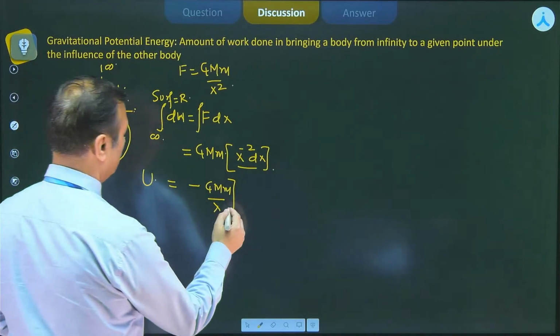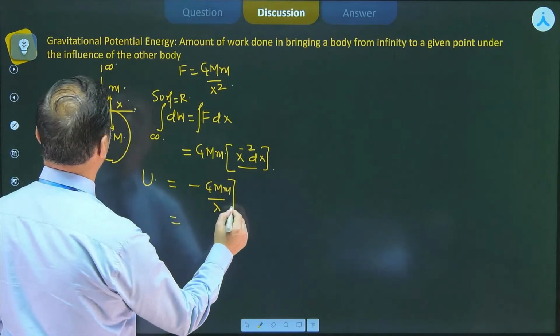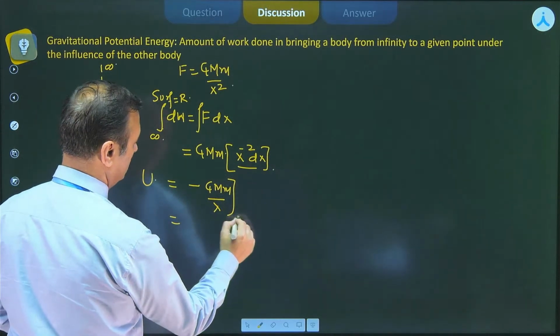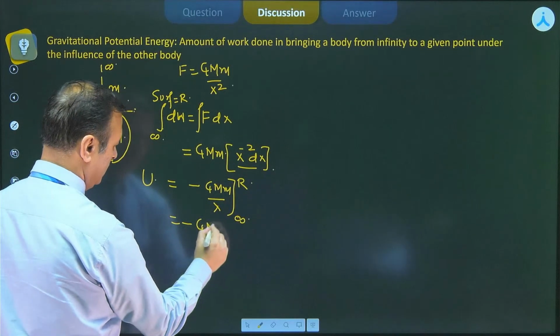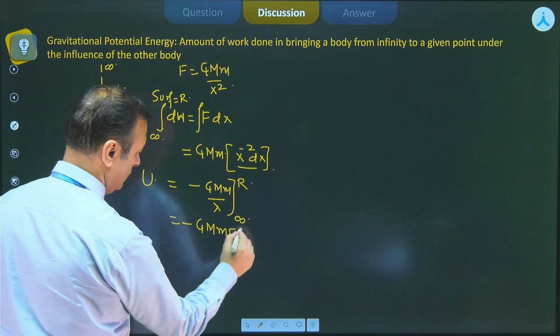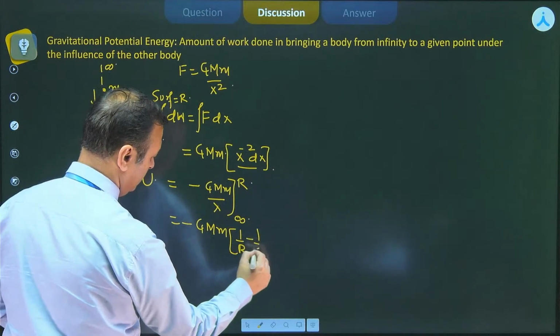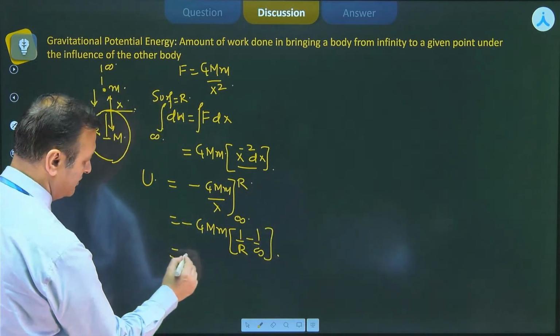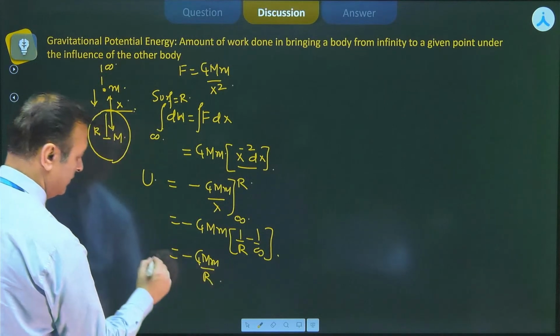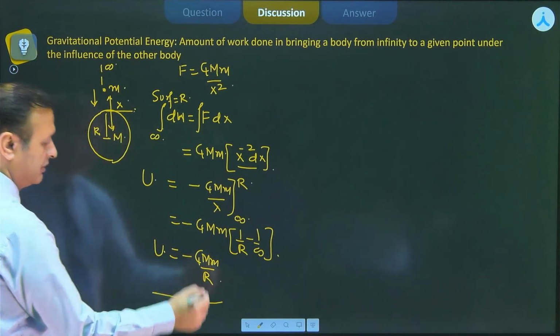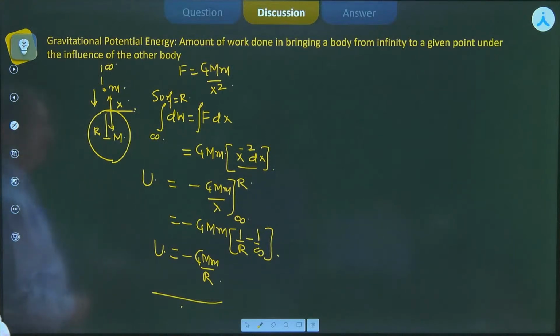You just put the limits from infinity to the surface: minus G M m times (1 by r minus 1 by infinity), which gives minus G M m by r as the gravitational potential energy.